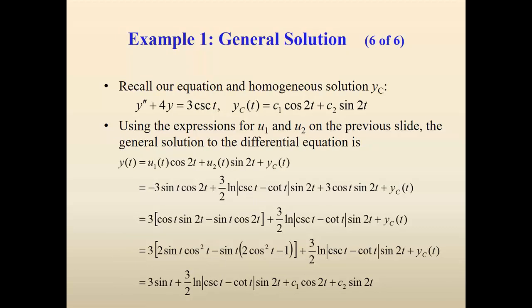Putting them back into the original equation for C1 and C2, I can reduce my solution of y(t) down to 3 sine of t plus 3/2 natural log of cosecant of t minus cotangent of t times sine of 2t plus C1 cosine of 2t plus C2 sine of 2t.